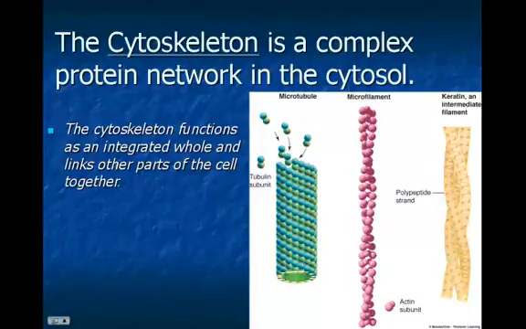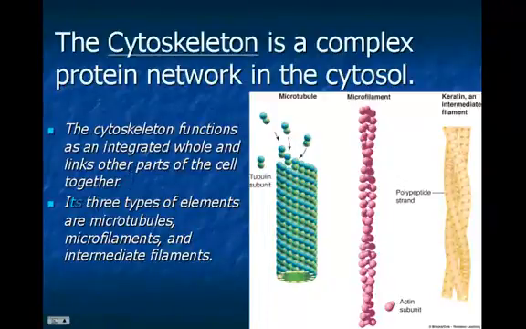The three types of cytoskeletal elements are microtubules, which you'll see here, and microtubules are our largest of the cytoskeletal elements. Then we have our microfilaments, which are our smallest of the cytoskeletal elements. And then we have our intermediate filaments, which are the mid-sized ones.